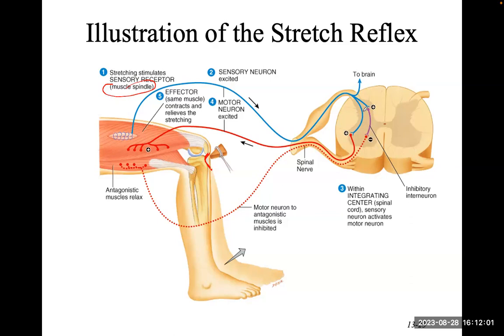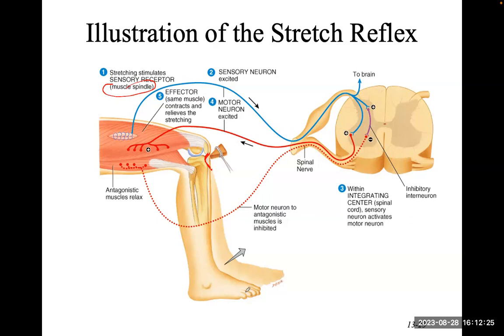And it's going to relay that information to the agonist and the antagonist. You can see that there's a solid red line going to the quads, and then there's a dotted red line going to the hamstrings.